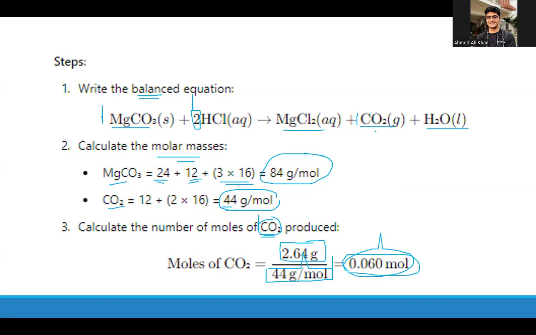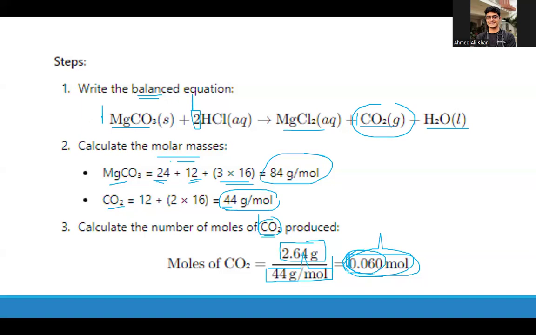Listen very carefully. सही है? Carbon dioxide and magnesium carbonate have a 1:1, ठीक है, ratio है, ठीक है. 1 mole of magnesium carbonate produces 1 mole of carbon dioxide, ठीक है, according to this equation, right? So if 1 mole of carbon dioxide is produced from 1 mole of magnesium carbonate, तो अगर 0.06 mole of carbon dioxide है यहाँ पर, ये, so how many moles of magnesium carbonate are required?